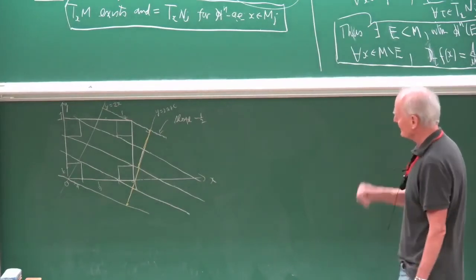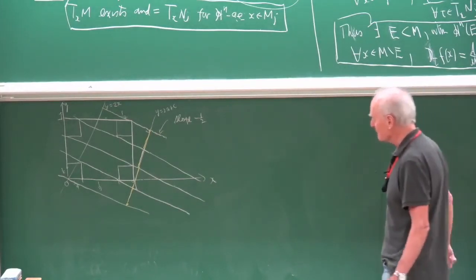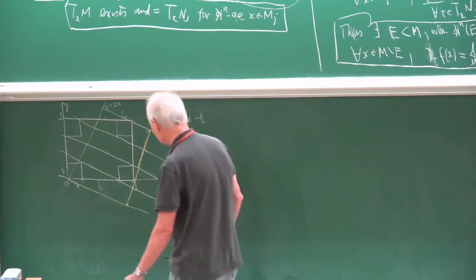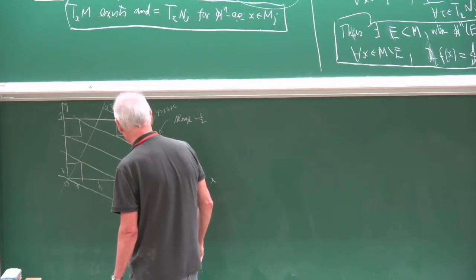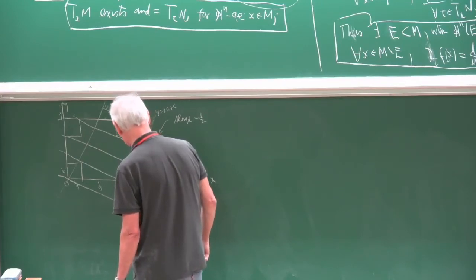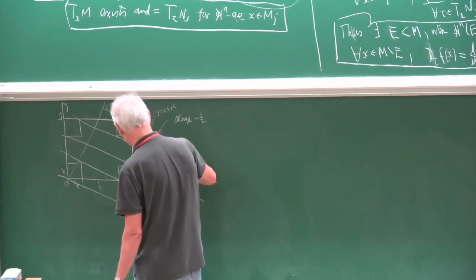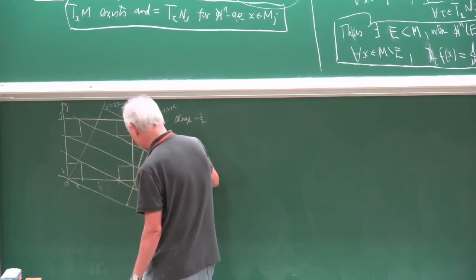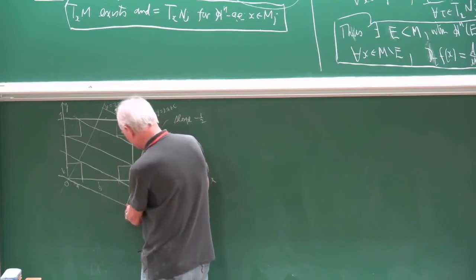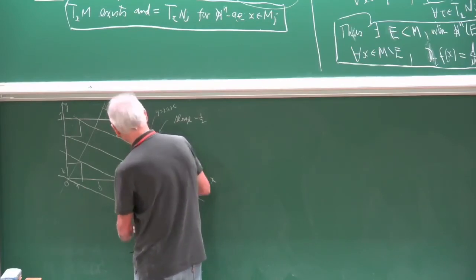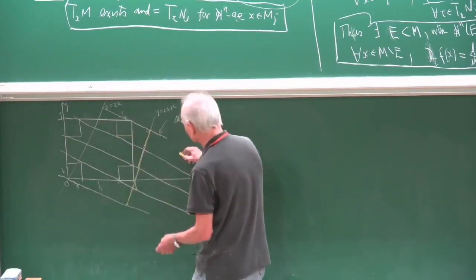Let's do some arithmetic. We want to know the length of that line segment. I know what the answer is, but how does one check that? Well, it's not so important.